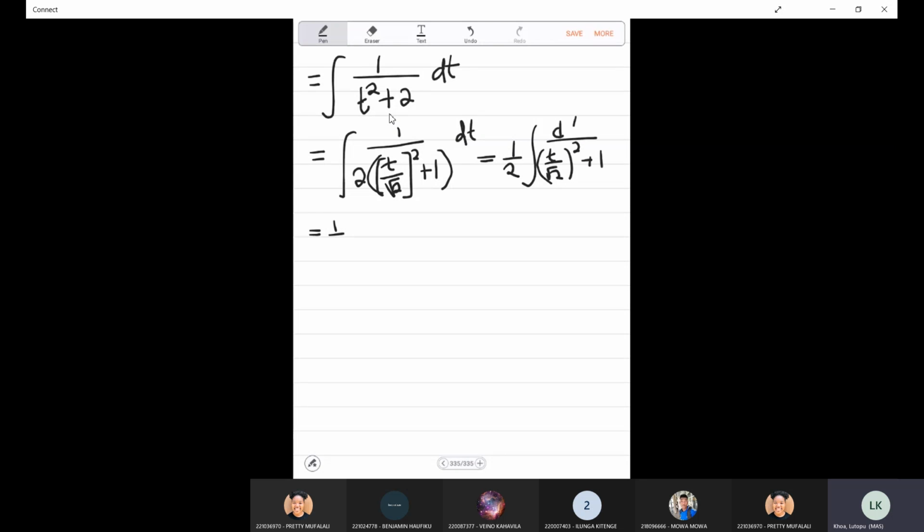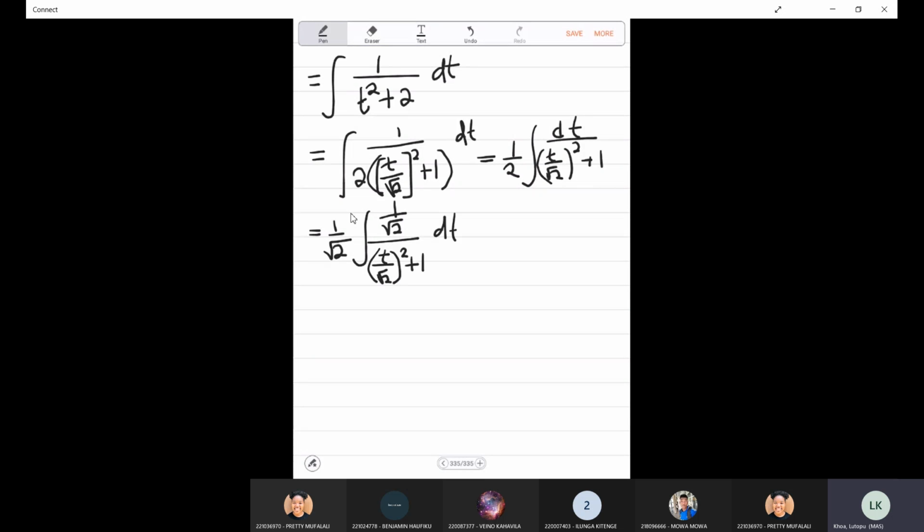This is dt. And in order to integrate this, the derivative of t over the square root of 2 has to be in the numerator. So I need 1 over square root of 2 here. So on the outside, I will have 1 over the square root of 2, and then 1 over the square root of 2 in the numerator, and then t over the square root of 2 squared plus 1 dt.